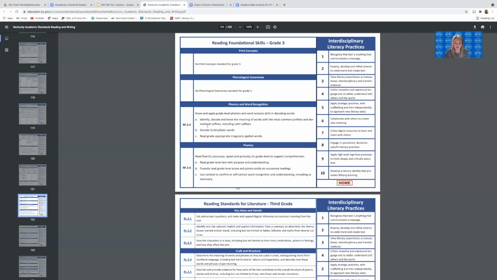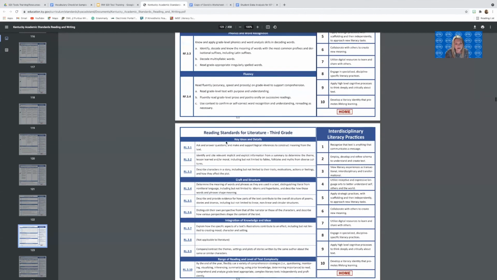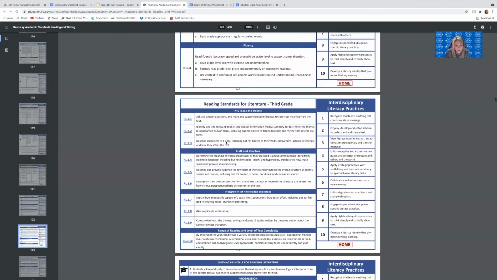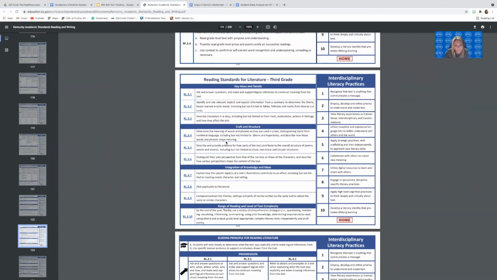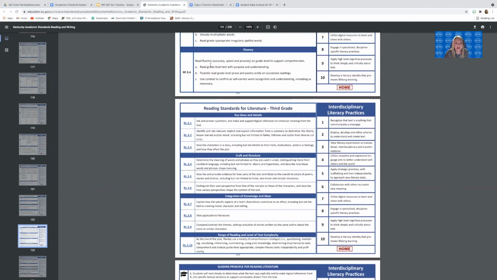So with the decoding, we would probably want to hone in on this one right here if we were using the phonics one. And if you were using the fluency, then I would probably focus on this one right here. So then with that, I would be ready to write my goal.